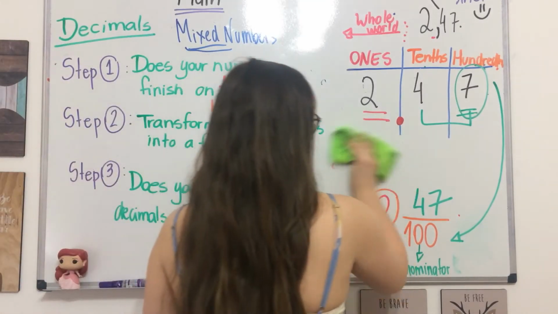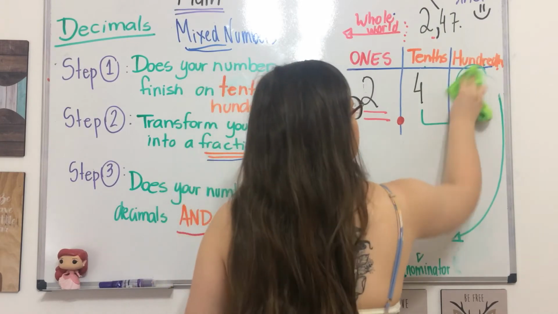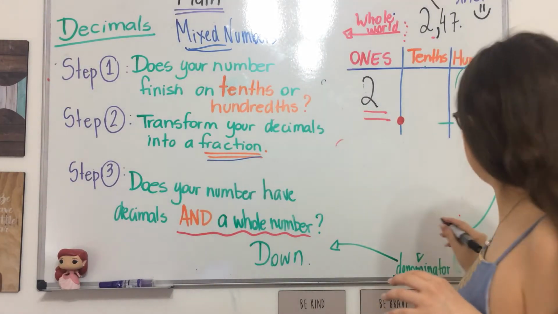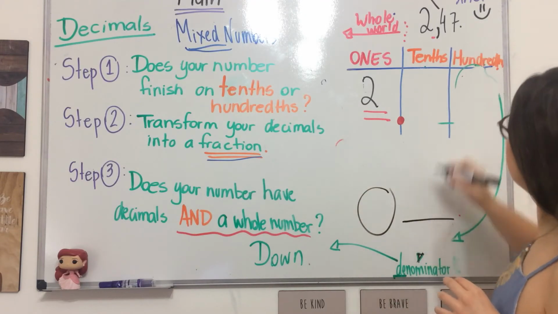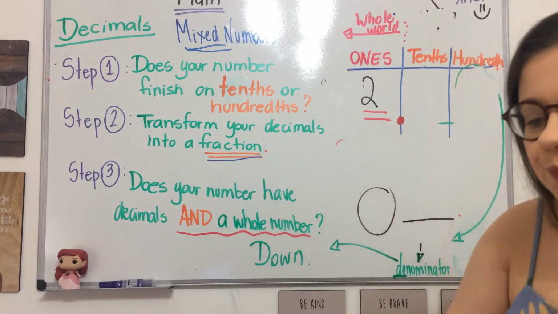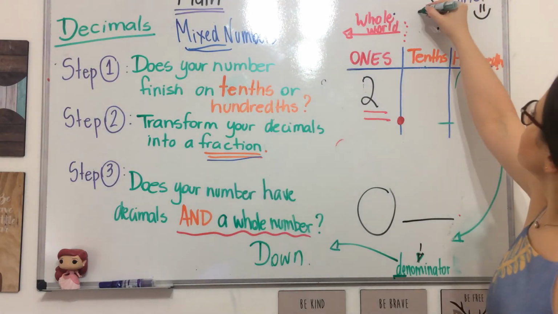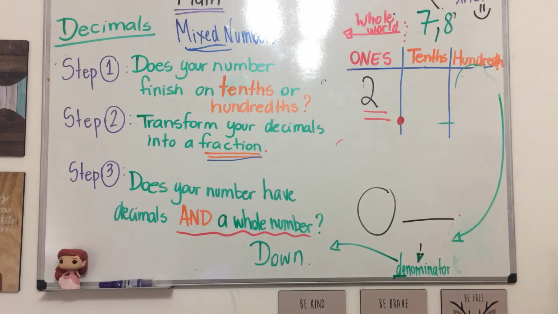Let's practice now with a number that finishes on the tenths. Let me put here, whole number, denominator, and let's think about another decimal. Okay, 7.8.